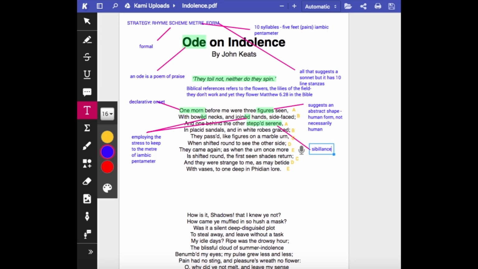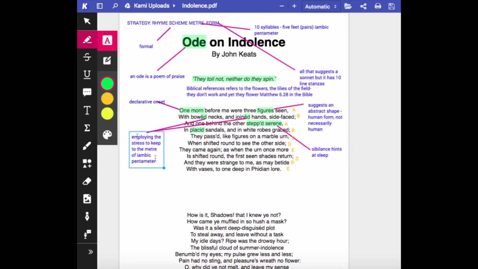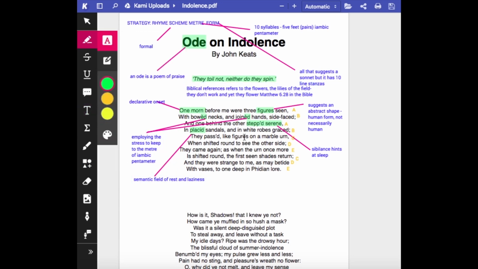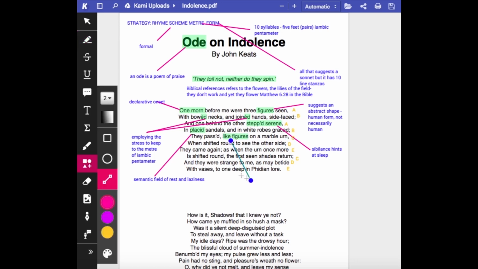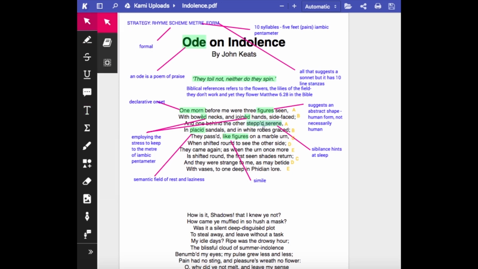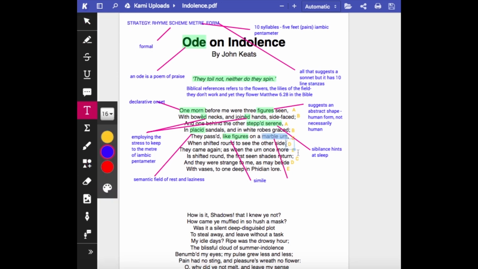And there is a use of a semantic field of laziness, I guess, indolence, placid, serene, that emphasises the idea of a lazy day. He then uses a simile, like figures on a marble urn, and that's why I think the figures that he first sees, joined hands, side-faced, bowed necks, they're in profile. They look like the white marble figures that are on a terracotta urn, a Greek terracotta urn, very common Greek art, if you like, the sort of silhouette.